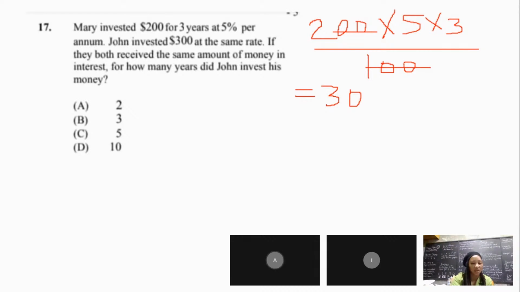All right, so that's the interest, and then using that we can find the rate. The simple interest formula is rate times time times the principal. No, they want the time now for John. Yeah, I was going to use the formula to find the time.